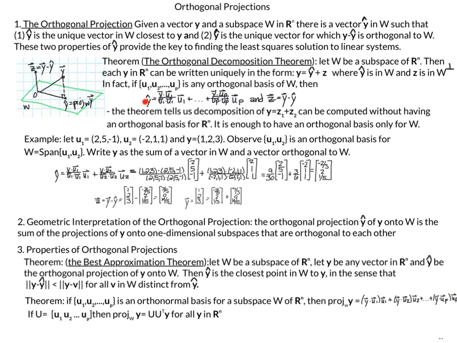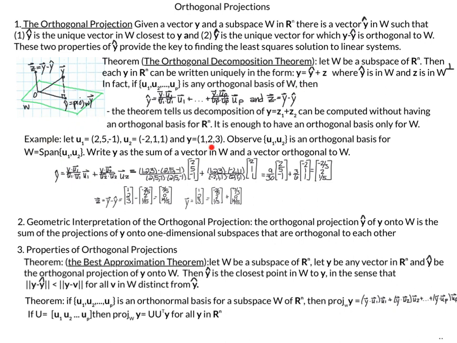So we compute y hat equal to y dot u1 over u1 dot u1 times the vector u1 plus y dot u2 over u2 dot u2 times the vector u2, all the way up to y dot up over up dot up times the vector up. And then z is simply y minus y hat.